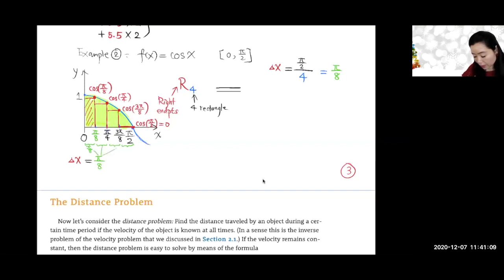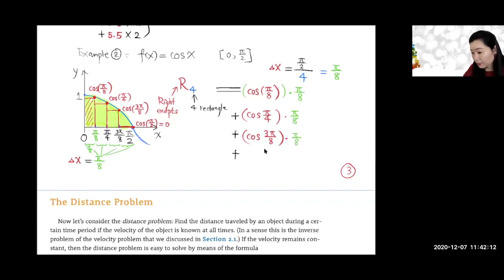Now, when I find the sum of those 4 rectangles using the right endpoint, we have cosine of pi over 8 times the width, which is pi over 8, adding cosine of pi over 4 times pi over 8, plus cosine of 3 pi over 8 times pi over 8 times the width.